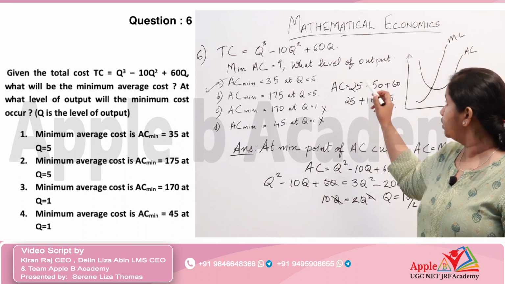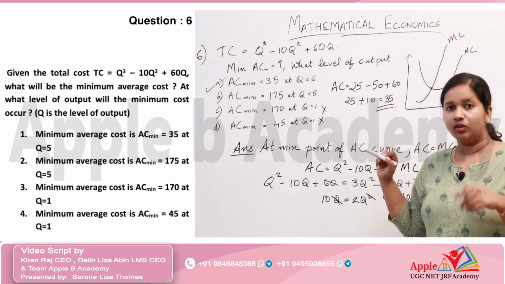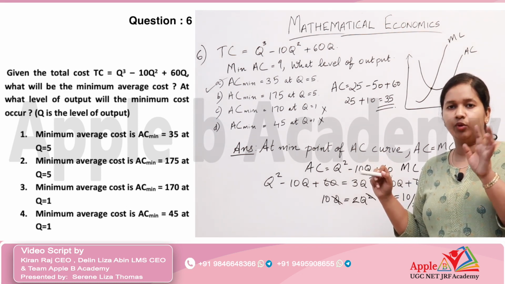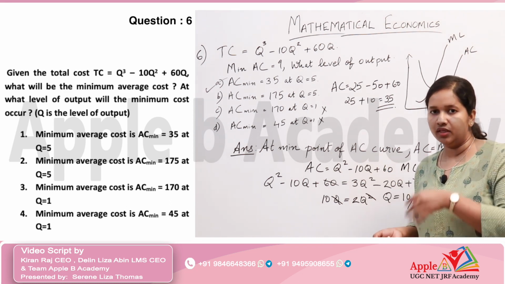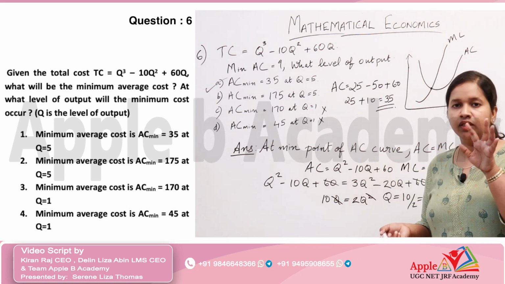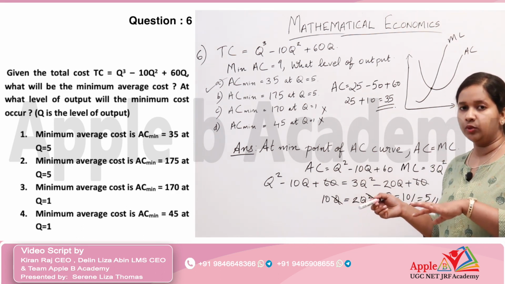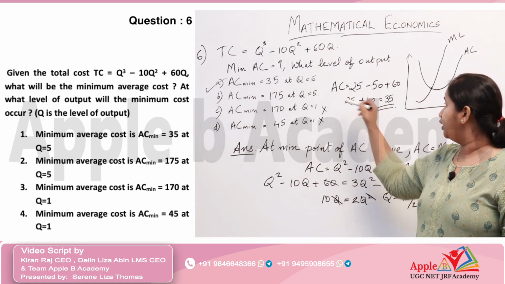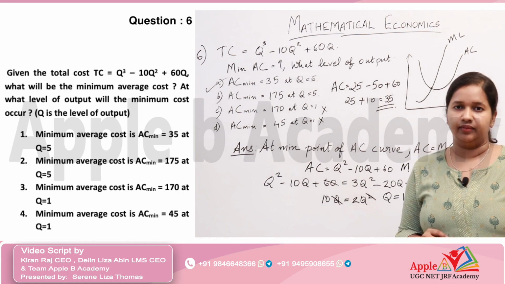We know that marginal cost cuts average cost at its minimum point, so at that point AC equals MC. Equating AC and MC, we get the value of output as 5, and substituting that value in the AC equation, we get the value of AC as 35. So the answer is option A.